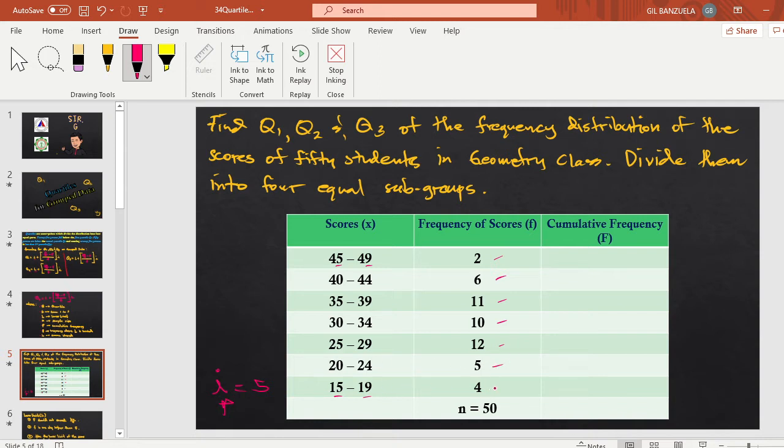And 15 to 19, there are 4. So these are the frequency of scores. And of course, your n is the number of samples, so we simply add the frequencies, in total 50. Later, we're going to deal with the cumulative frequency.